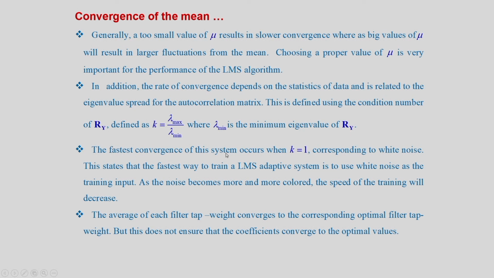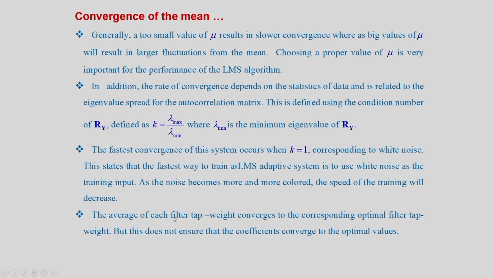The fastest convergence of the system occurs when k is equal to 1, corresponding to white noise. So, this condition also implies that the fastest way to train an LMS adaptive system is to use white noise as the training input, because in the case of white noise all eigenvalues are equal, therefore, lambda max by lambda min will be equal to 1. As the noise becomes more and more colored, the speed of training will decrease.